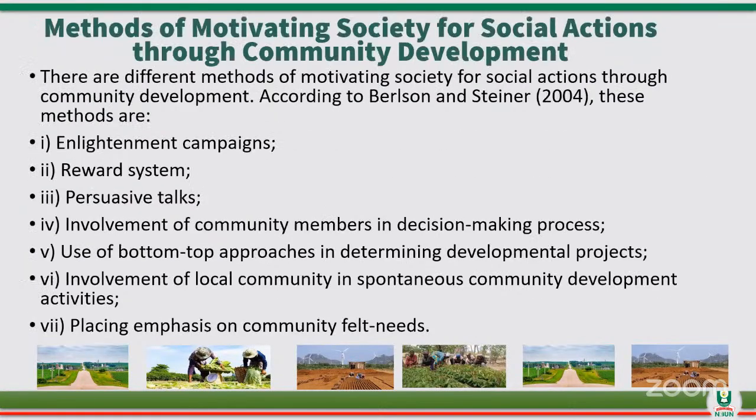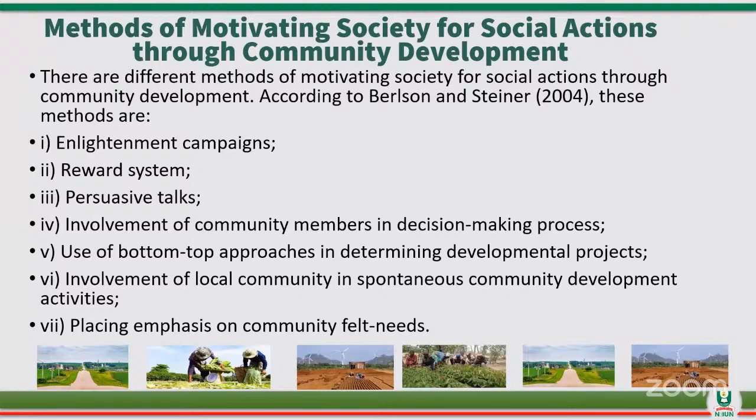Okay. Now, methods of motivating society for social action through community development. Let's highlight some of these methods. There are different methods of motivating society for social action through community development. The first is enlightenment campaign. The second is reward systems. The third is persuasive talks. The fourth is involvement of community members in the decision-making process.